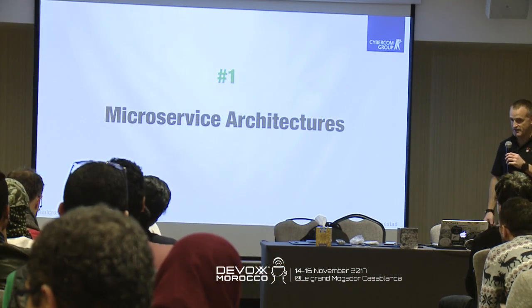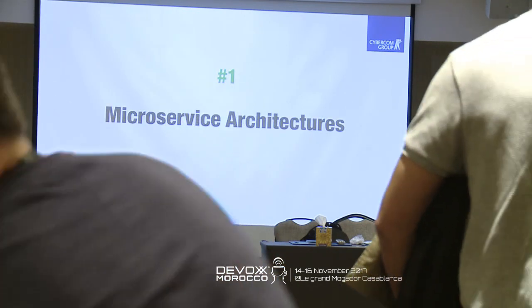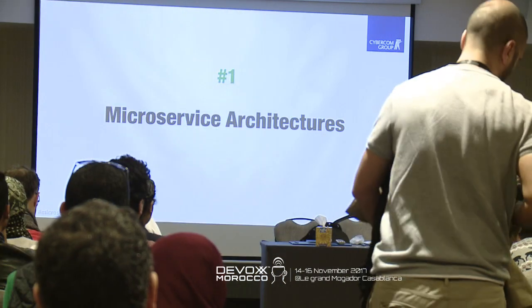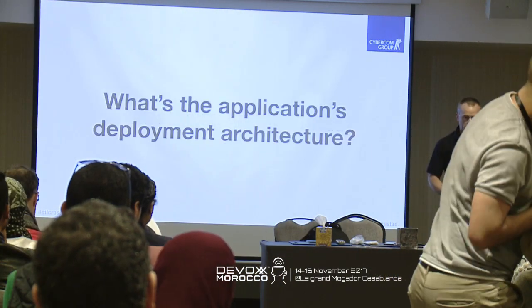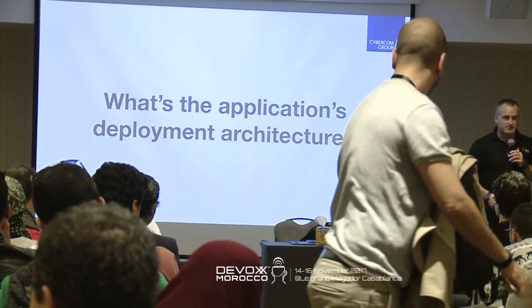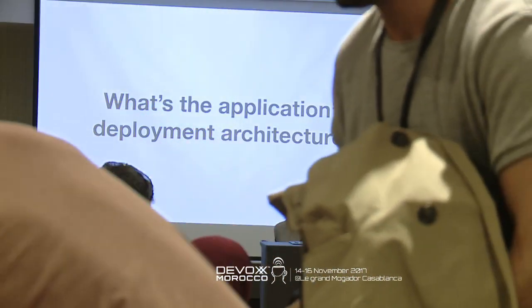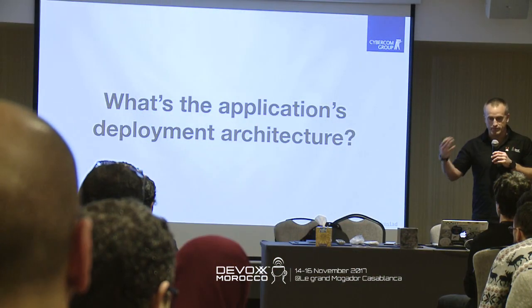The first one is actually the main pattern, which is called Microservice Architecture. The problem statement for the Microservice Architecture pattern is: what's the application's deployment architecture? Right? It's about the deployment of the application.